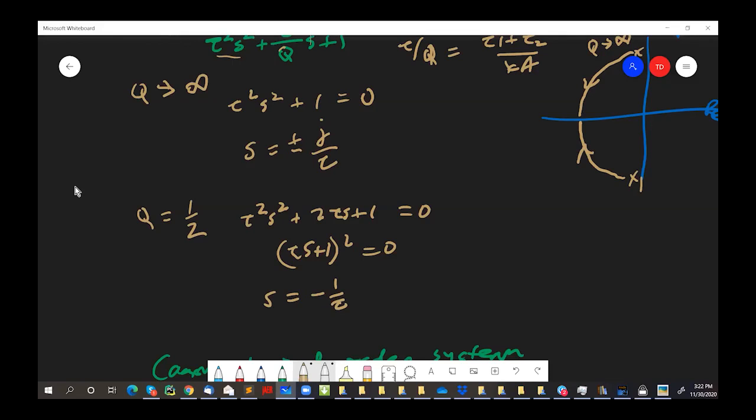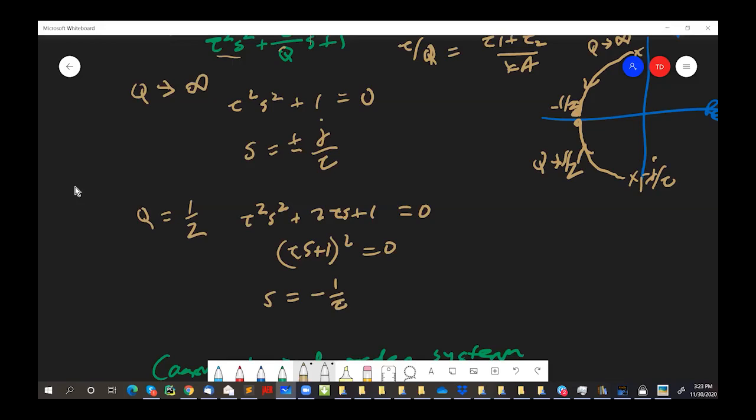As Q approaches 1/2, these poles start to approach the real axis, and they approach minus 1 over tau. And this is j over tau, minus j over tau.